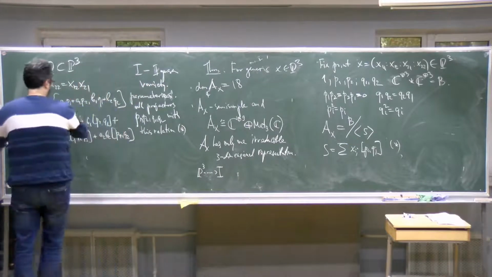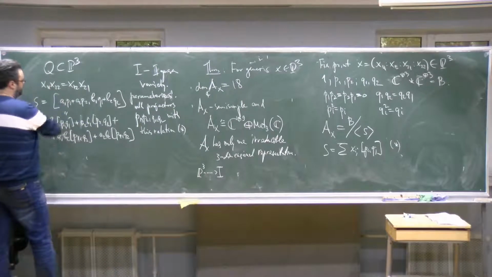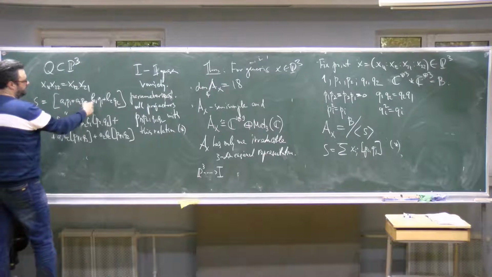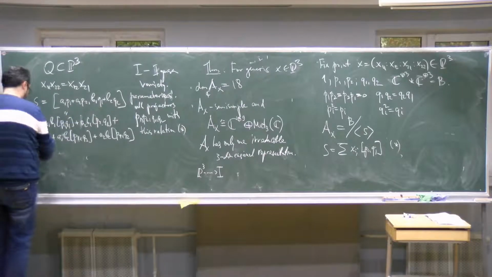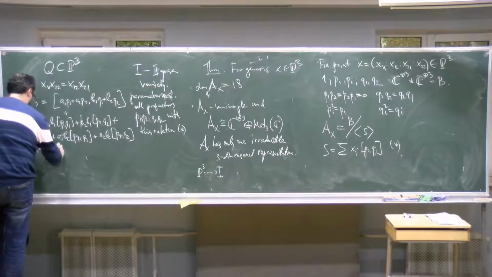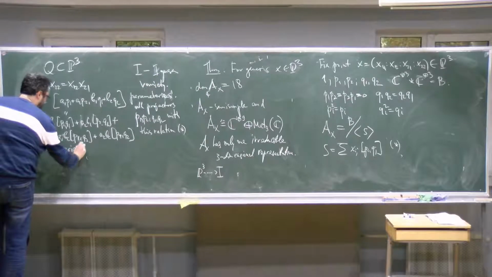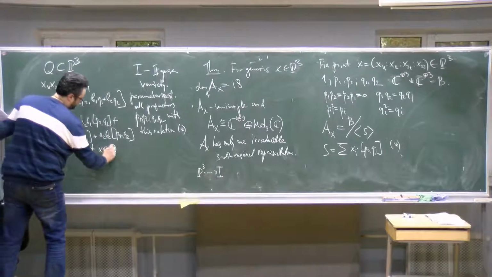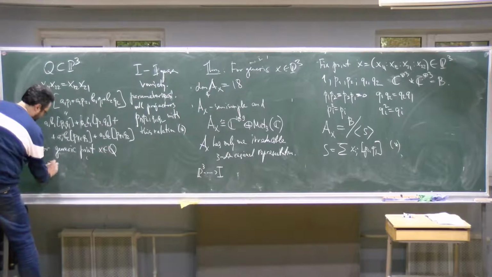It means that for a generic point of this quadric, all Pi and Qj commute.